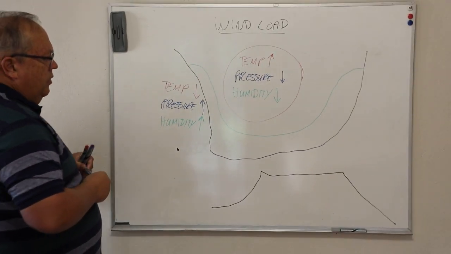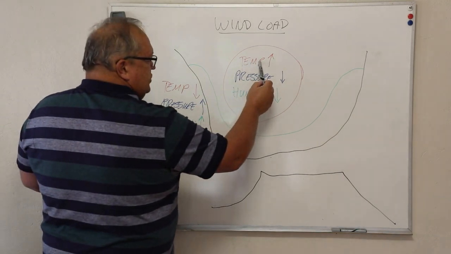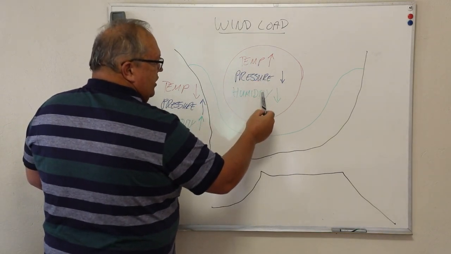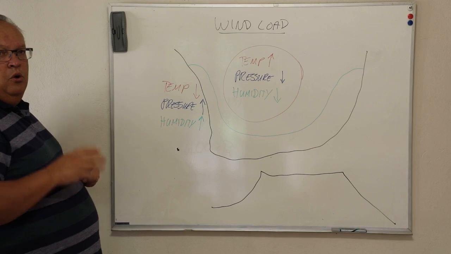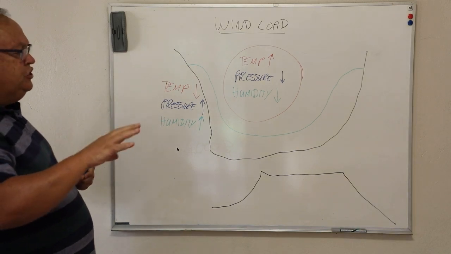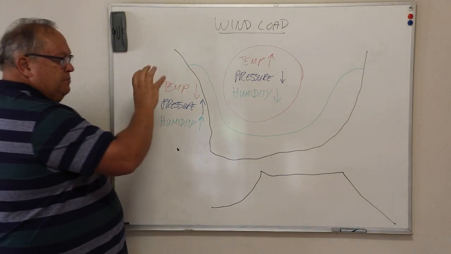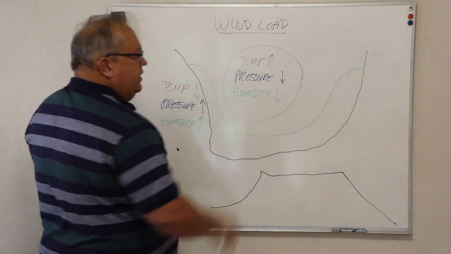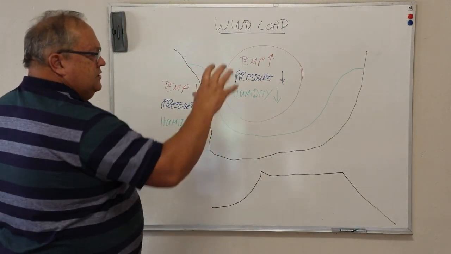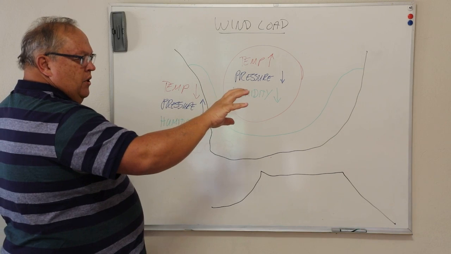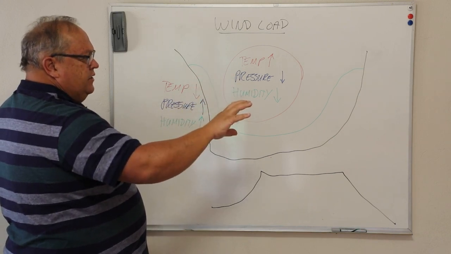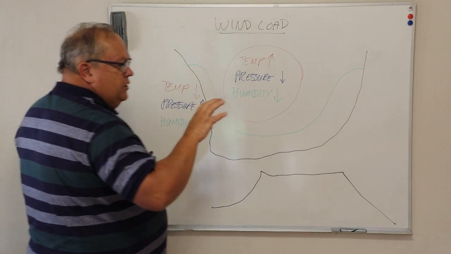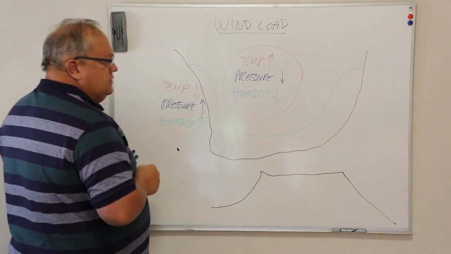A high temperature, low pressure and low humidity all reduce the effect of that parcel of air striking against the window. Because if that parcel of air is warm, it is lighter than the surrounding air, and therefore it will have less impact against that window.